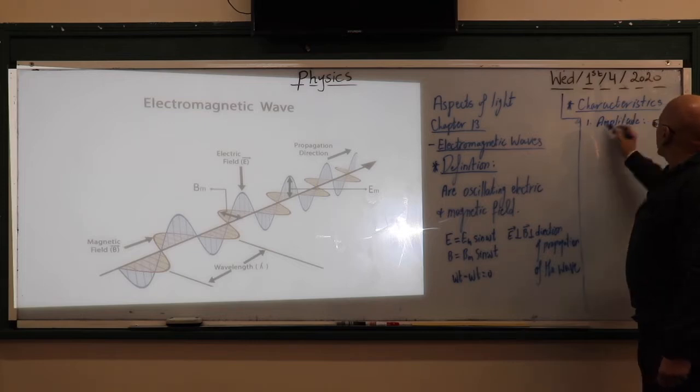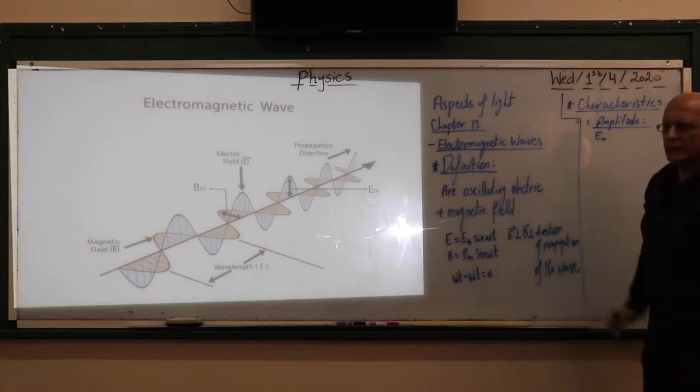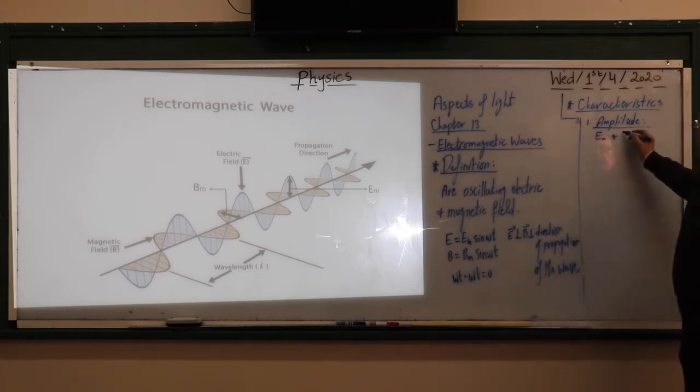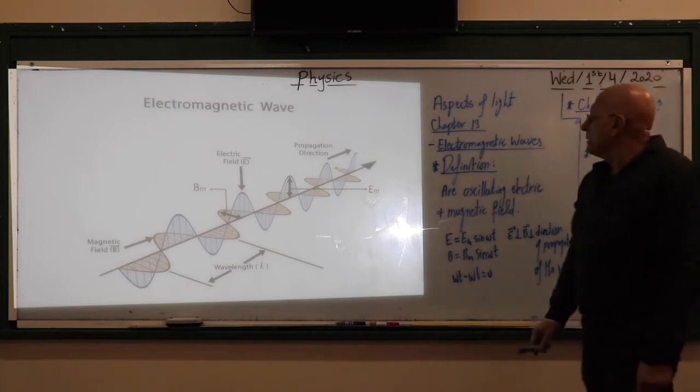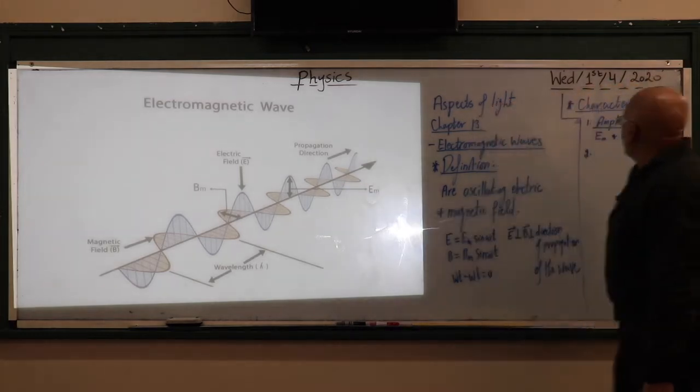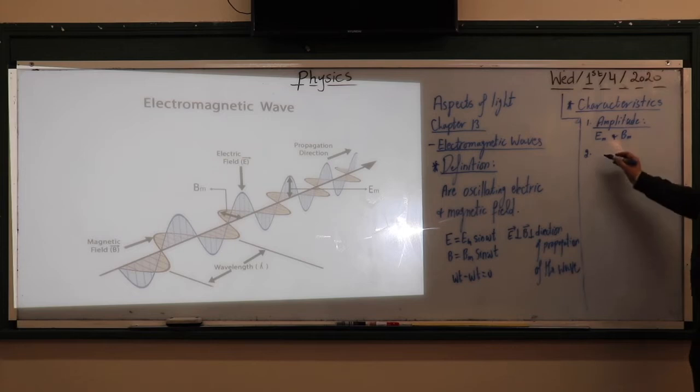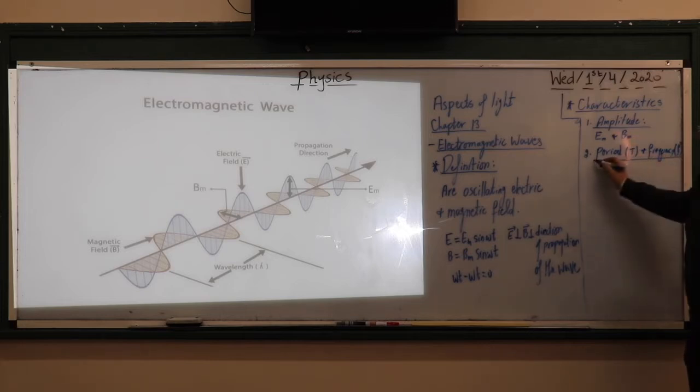An electromagnetic wave has two amplitudes: amplitude of the electric field and amplitude of the magnetic field. Two, it has period T and frequency F. Like all waves, as you know.